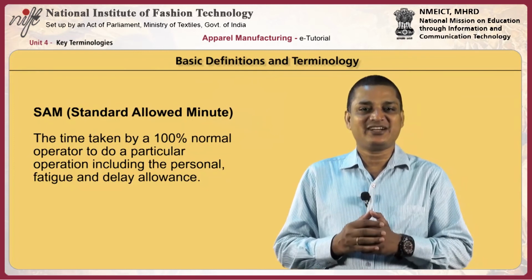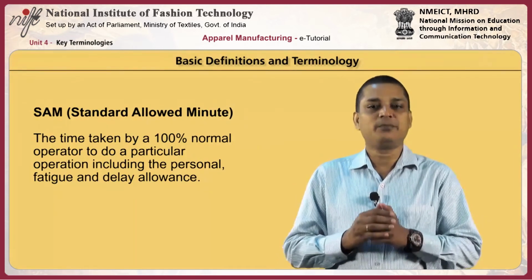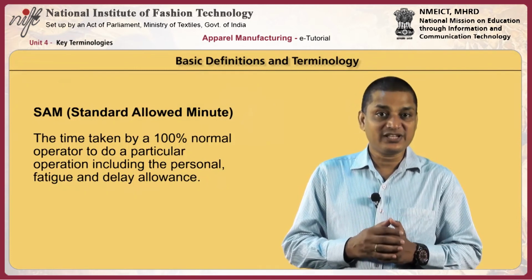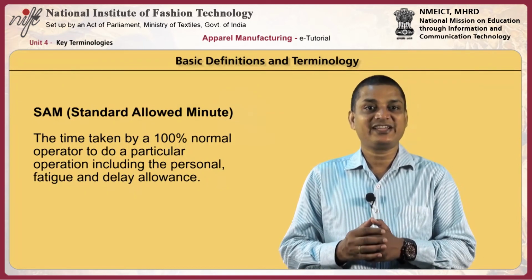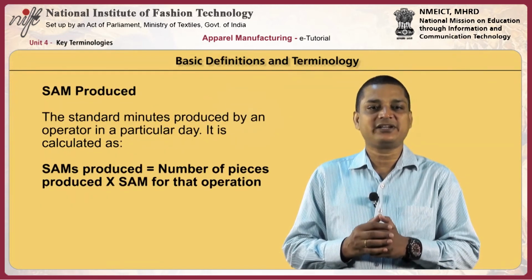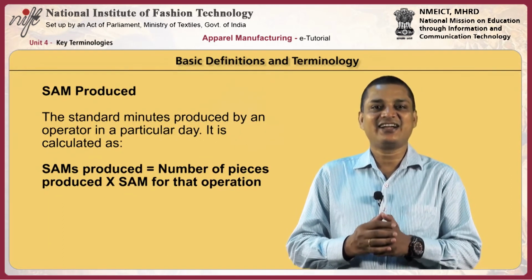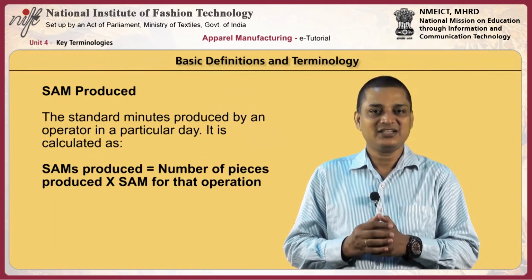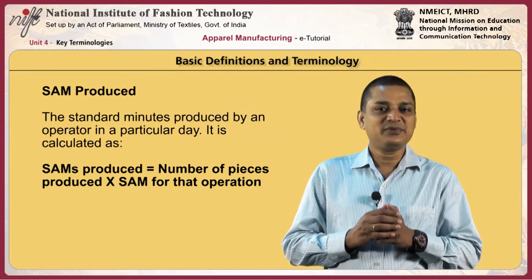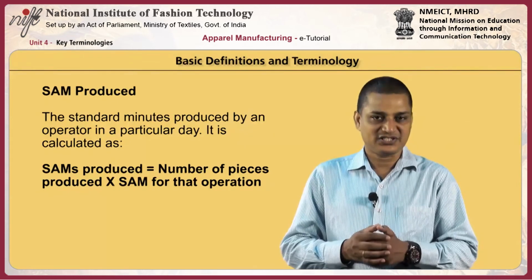Standard allowed minute is the time taken by a 100% normal operator to do a particular operation, including the personal, fatigue and delay allowances. Standard allowed minutes produced is the standard time produced by an operator in a particular day. It is calculated as standard allowed minutes produced equals number of pieces produced multiplied by standard allowed minute for the operation.